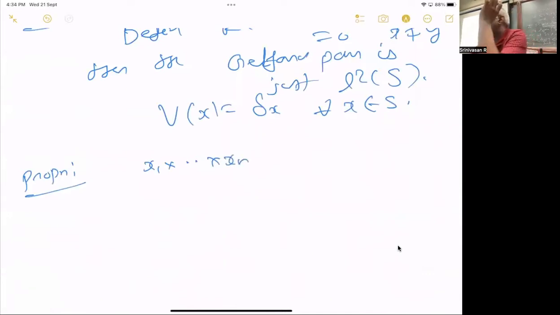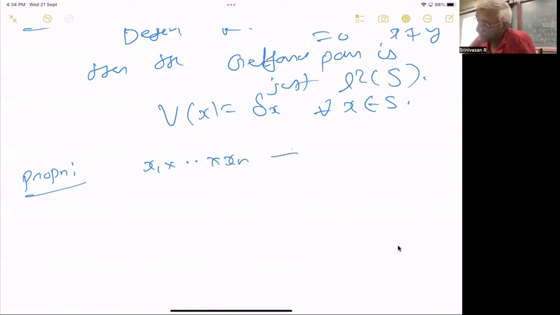Usually we have a set, and then we define a kernel on that, a positive definite function, and get a Gelfand pair. But here that set is the direct product of Hilbert spaces, the set direct product H1 cross up to Hn. So you can talk about multilinearity.